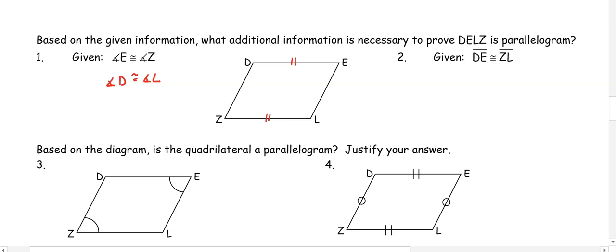So there are two choices we could make to have it be a parallelogram. We could have two sets of congruent sides. So we would need DZ to be congruent to EL. Or, sticking with the same set of sides, we could have those also be parallel to each other. So we already know they're congruent. We could also say that DE has to be parallel to ZL.